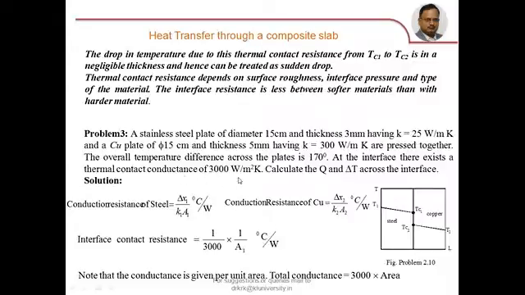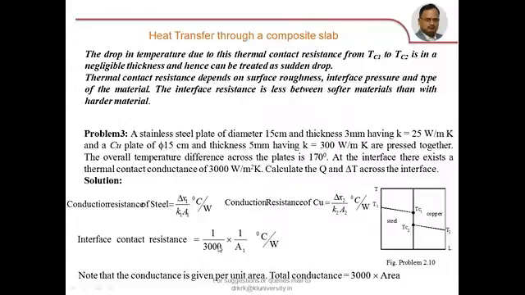But the conductance is given in watt per meter square Kelvin. So resistance becomes Kelvin meter square per watt. So that meter square is extra, which we have to remove by dividing with area. Per area, you have to divide.